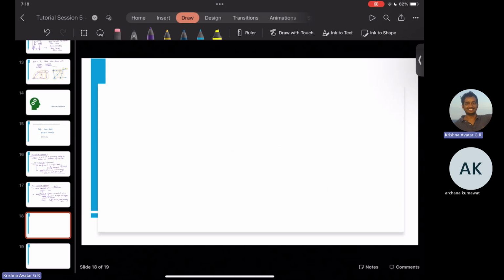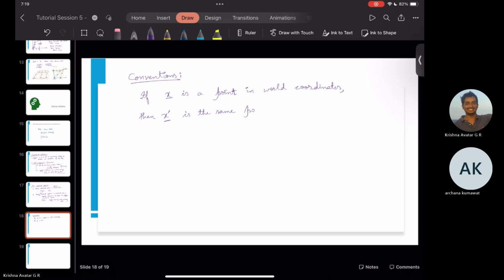Now, some of the conventions that we would like to follow. If x vector is a point in world coordinates, then x prime is the same point in body coordinates.